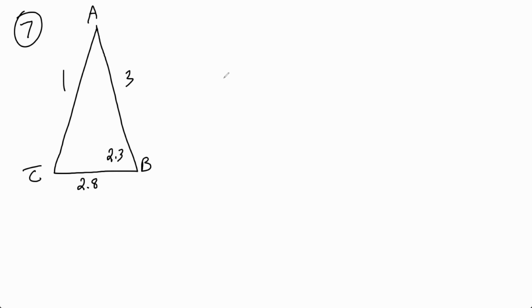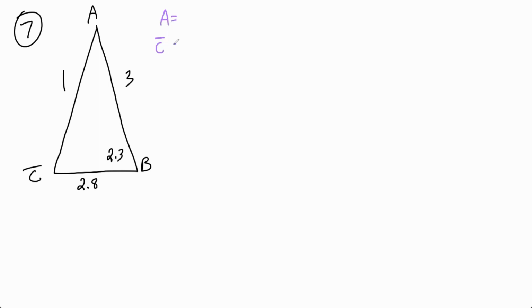This is another side-side-angle because there's no angle known to a side to an angle. So we know side-side-angle is still law of sines. And it wants us to find A and C.